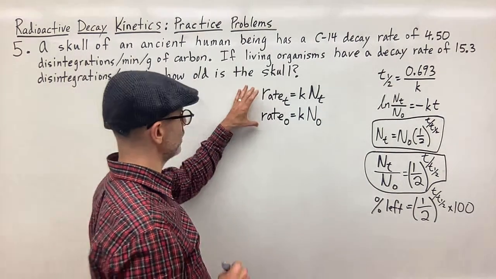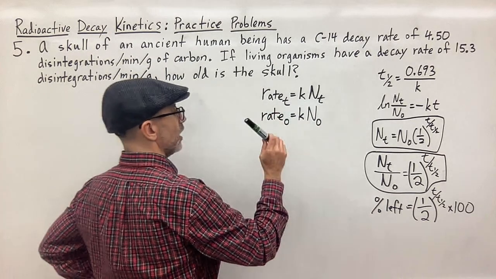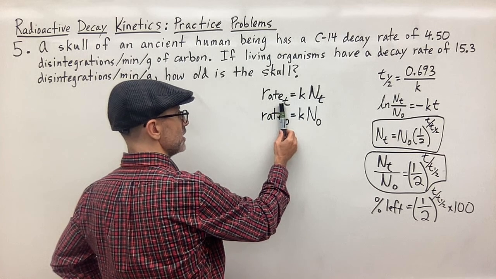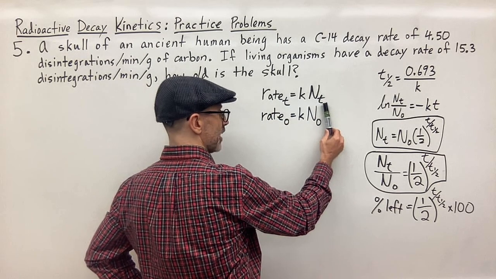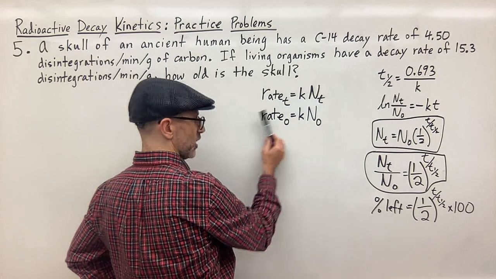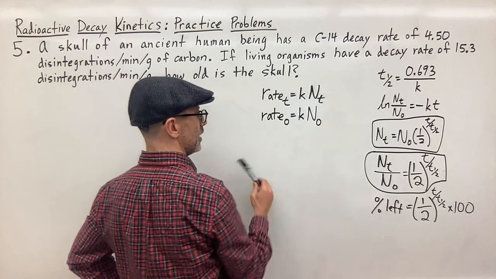So now that we have these rates, the rate law is written here. You can see that the rate at time t is dependent upon how much we have at time t, and the initial rate is related to how much we had initially.